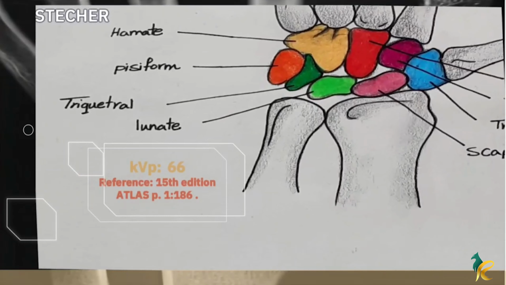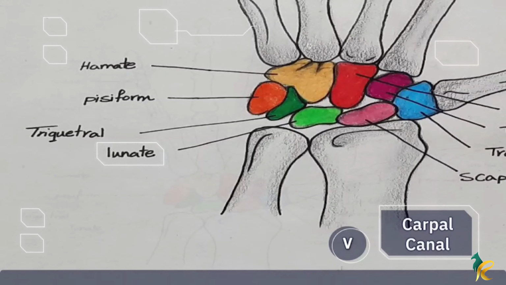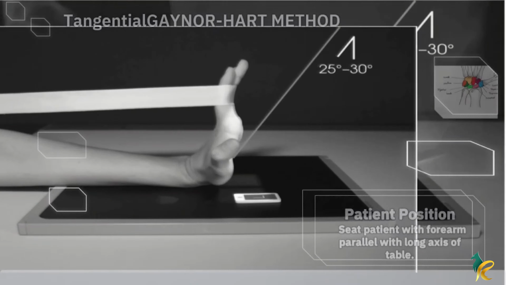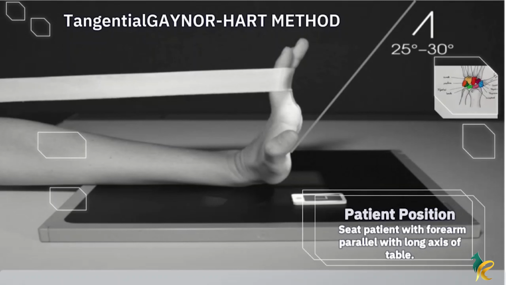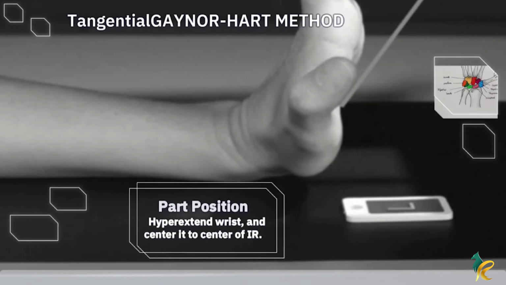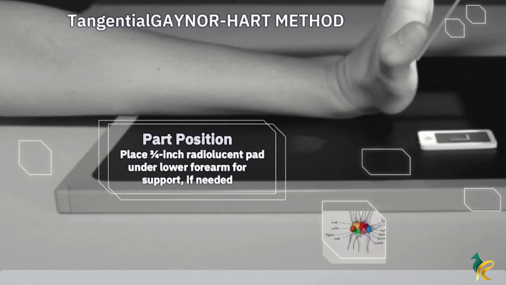For the imaging of the carpal canal, we have a method named tangential, or Gaynor-Hart method. For patient position, we set the patient's forearm parallel with the long axis of the table. For the part position, we hyperextend the wrist and center it to the center of the IR. If necessary, we use a 3 to 4 inch radiolucent pad to support the lower forearm.